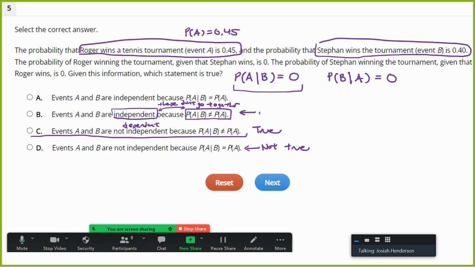So this whole statement is not true. And for A, let's check out the first option. Probability of A given B is equal to A. Well, this is just straight up not true looking at the numbers, because 0 is not the same thing as 0.45. So good job, Antonio. Thank you for jumping in there and trying it and then sharing it with the group.